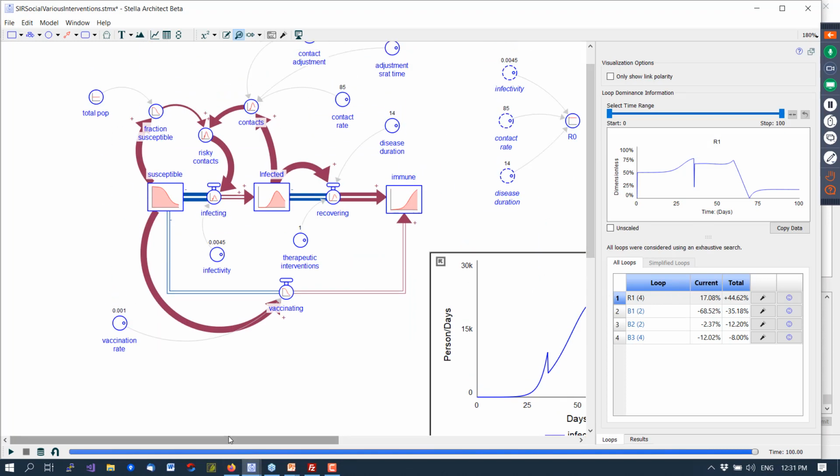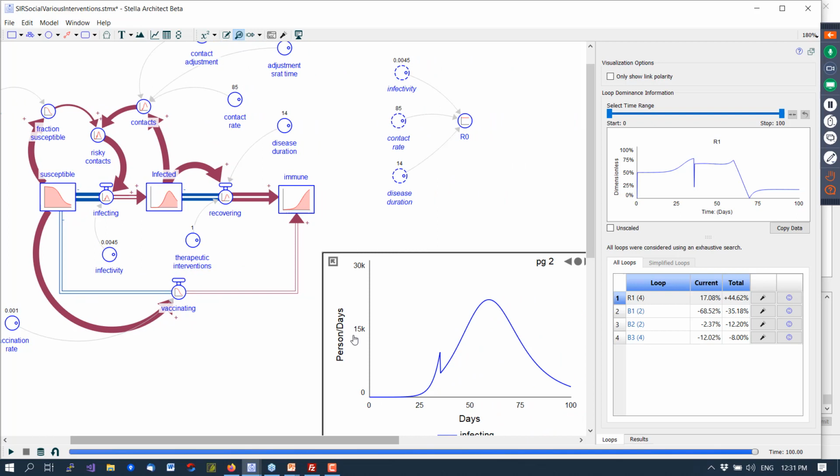Okay, trouble manipulating my software. Contacts are going down. And then we can do things like take a vaccination rate and increase it.